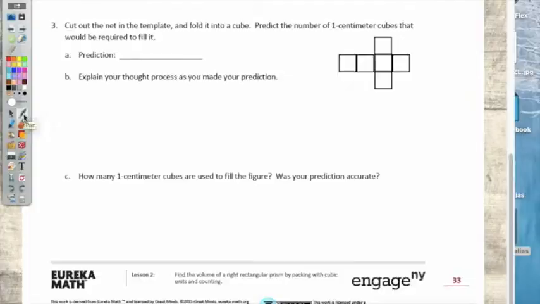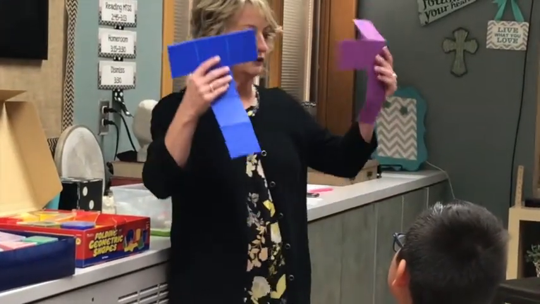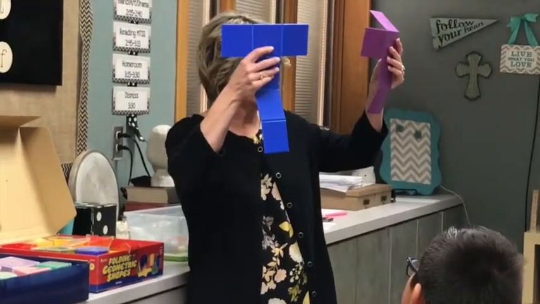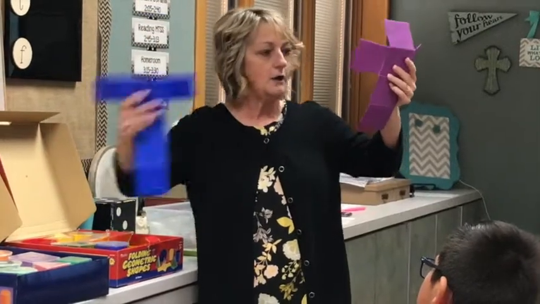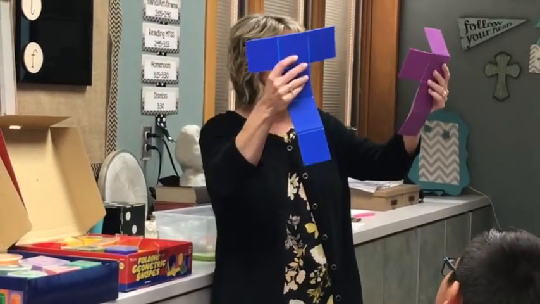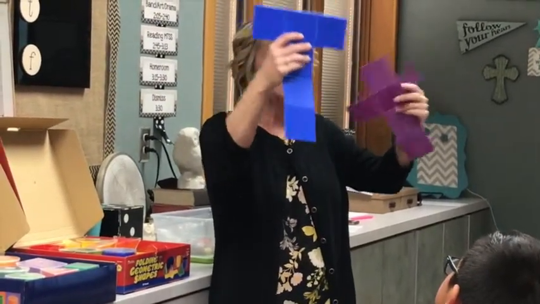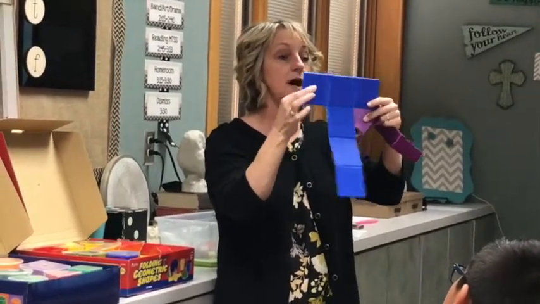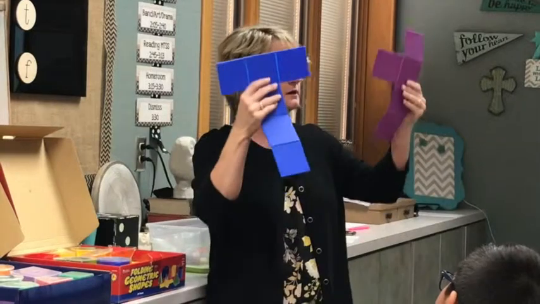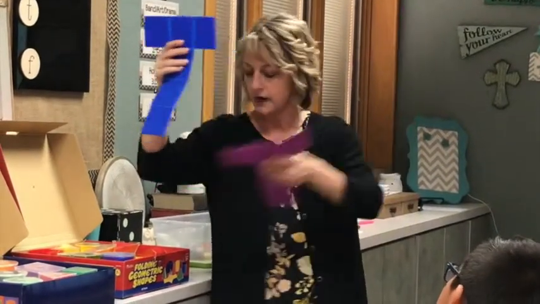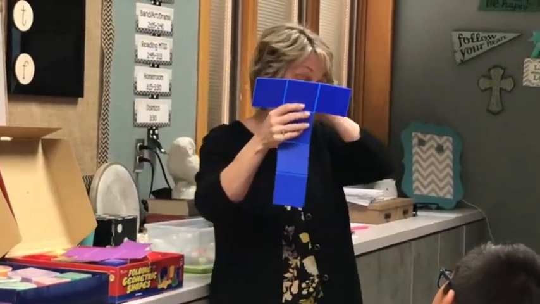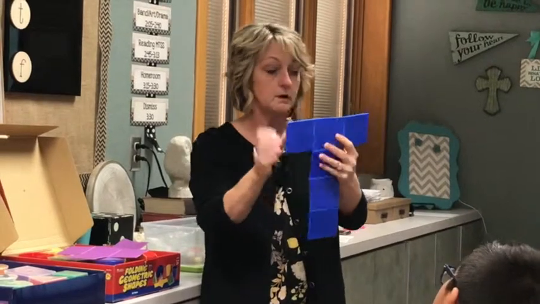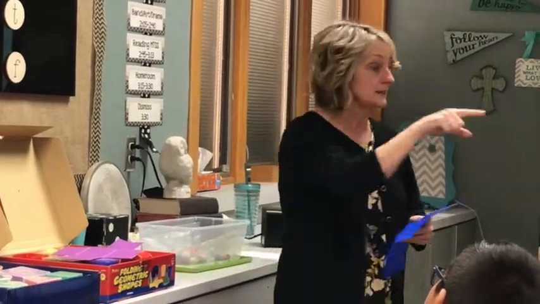So both of these nets fold into a cube, don't they? Okay? How are they different? Because that one doesn't, the blue one doesn't have the top yet. The two on the side are in a different place than the purple one, correct? Okay? Well, how many sides does a cube have? 4. Really? 6.